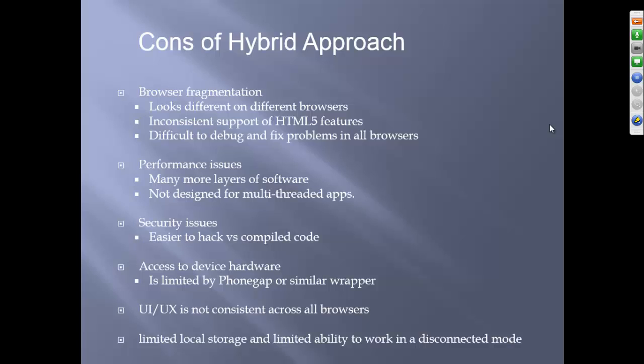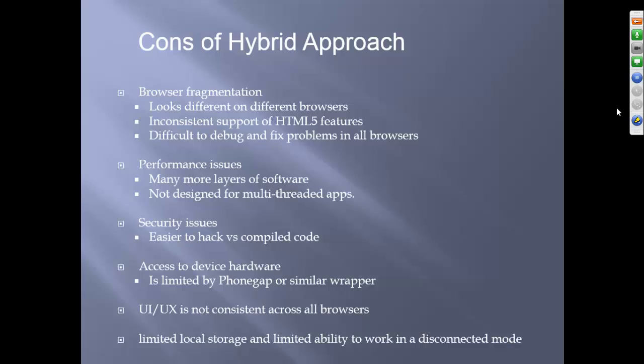And then from a programming perspective, while JavaScript may be easier to learn, these apps tend to be difficult to debug because of these cross-platform issues, right? So it may look fine on some browsers, and not okay on another browser.